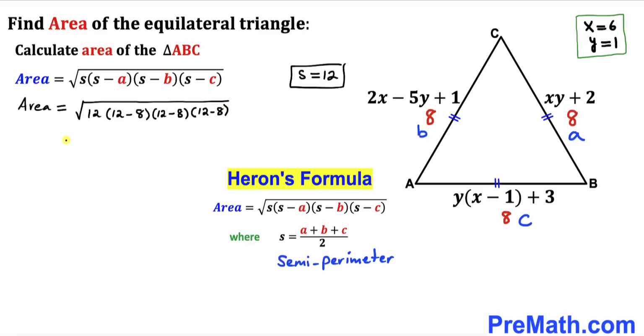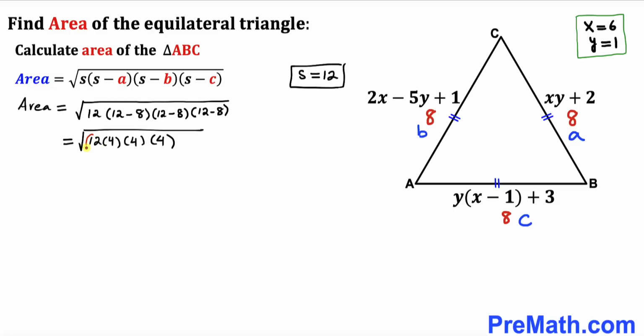So let's simplify. That is going to give us 12 times 4 times 4, and finally times 4. Now we can see 12 could be written as 3 times 4. Let's combine this. 4 times 4 is going to give us 16.